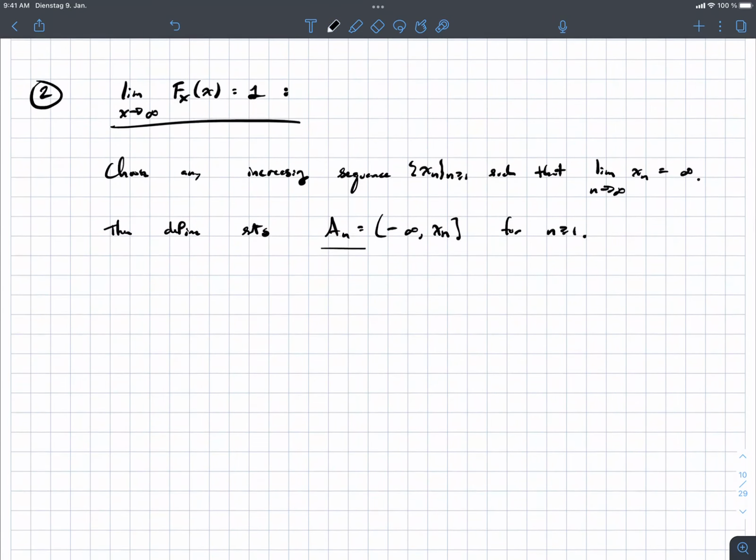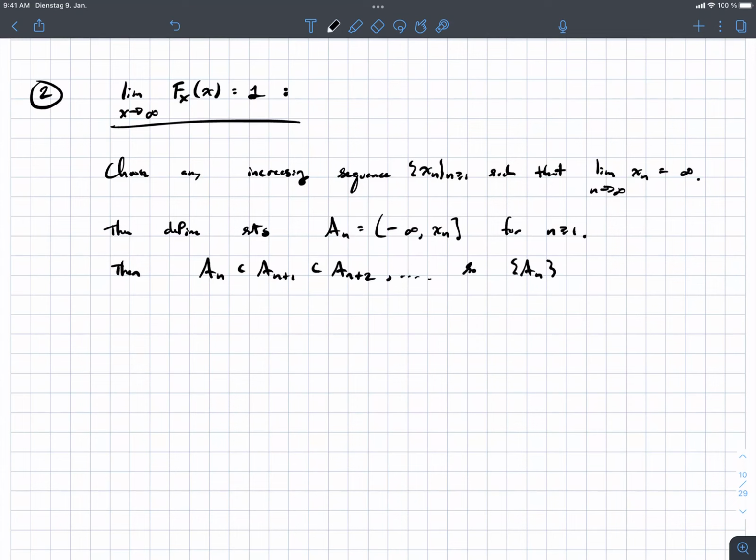So the idea is we have these sets where the upper endpoint is increasing, and what we notice about these is that they form an increasing sequence of sets.